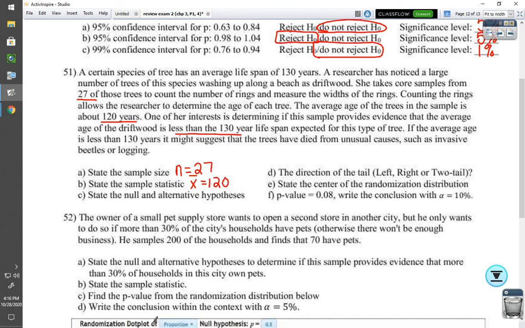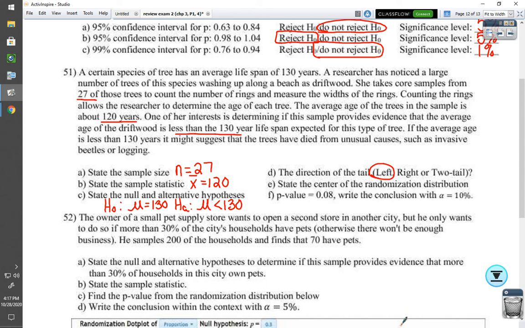What was the null and the alternative? Well, the null, H sub O, says that the average value is 130. And the H sub A says that the mu value is less than 130. What is the direction of the tail? It's left because it's a less than.